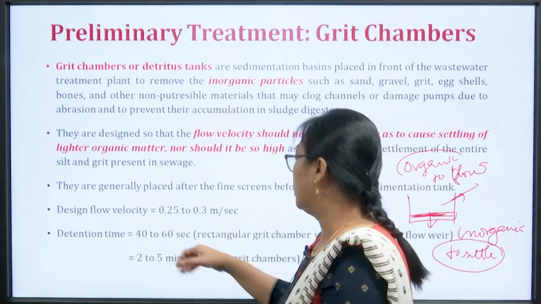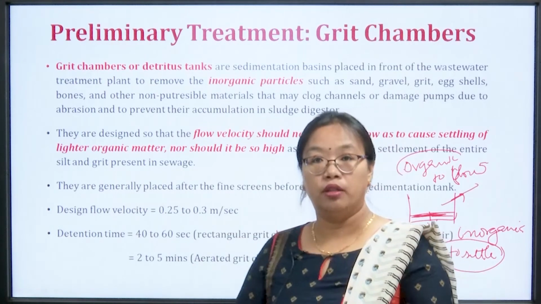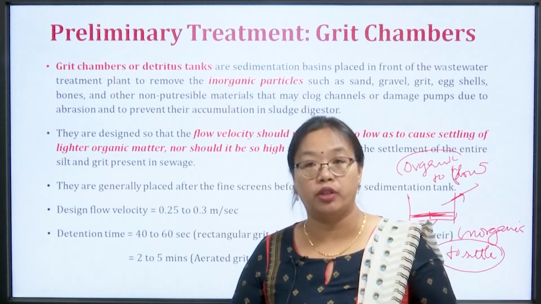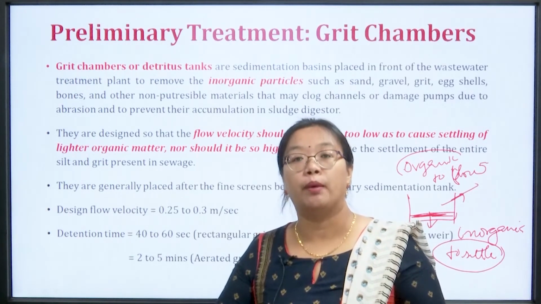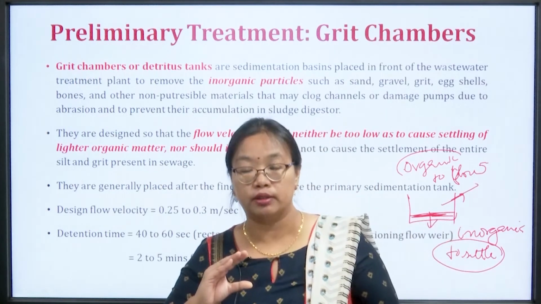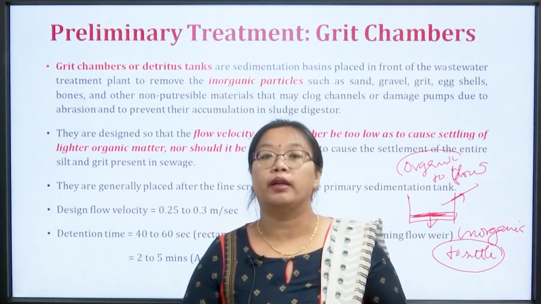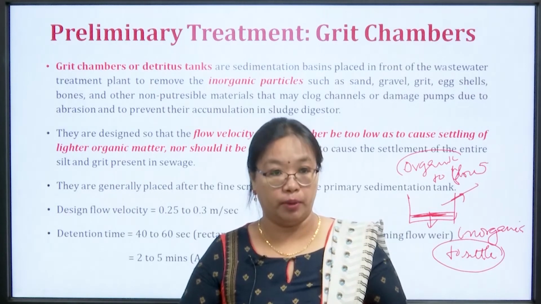The design velocity is around 0.25 to 0.3 meter per second. When you design a grit chamber, you generally design for the velocity. The density of the organic matter is going to be lesser than the density of the inorganic material.